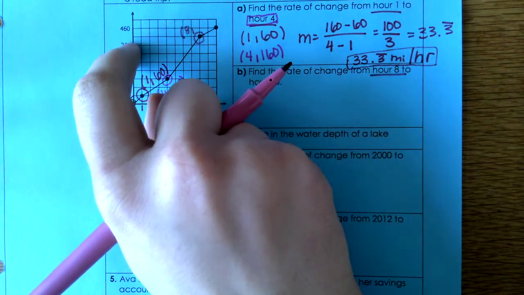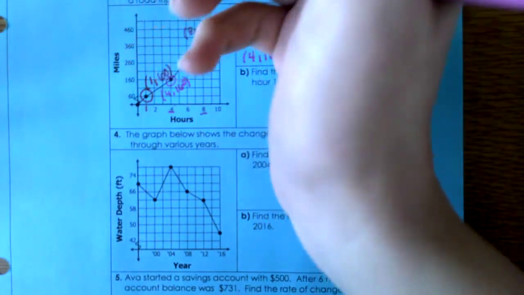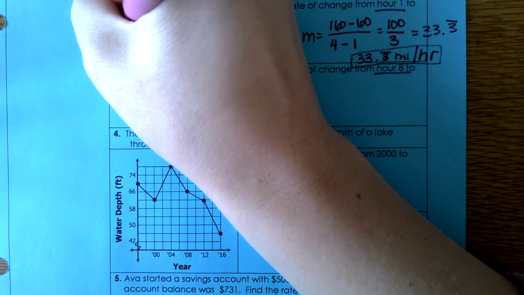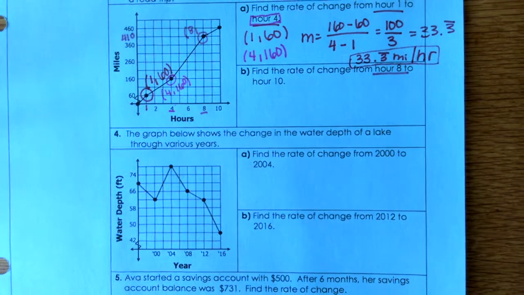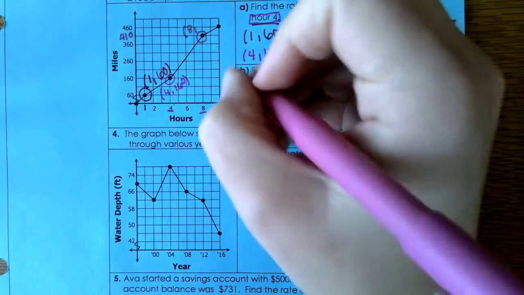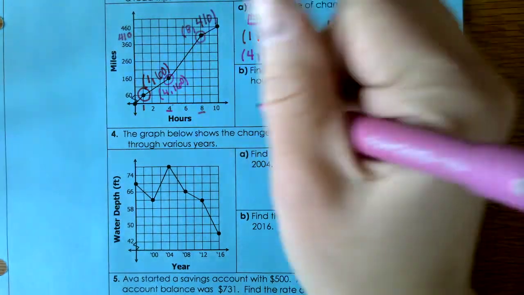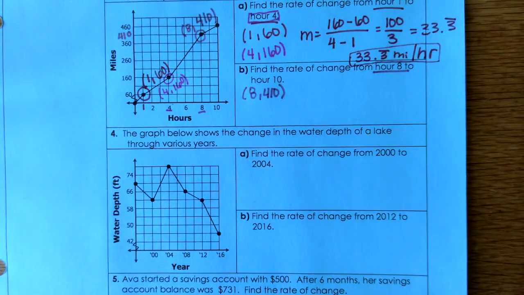Well, you see, what is our graph counting by? It's counting by 50s. So in between here, I'm going to have 410. So I have 8, comma, 410.